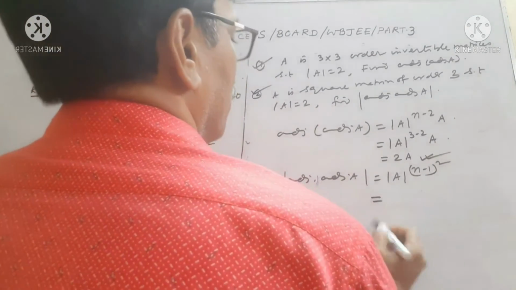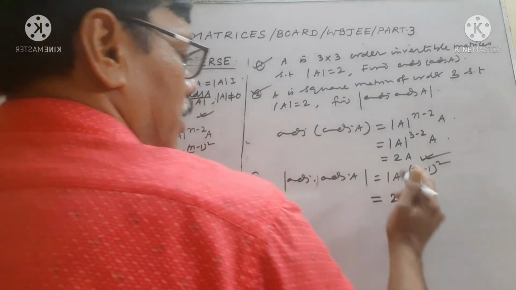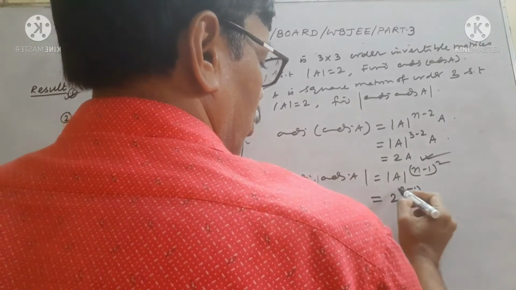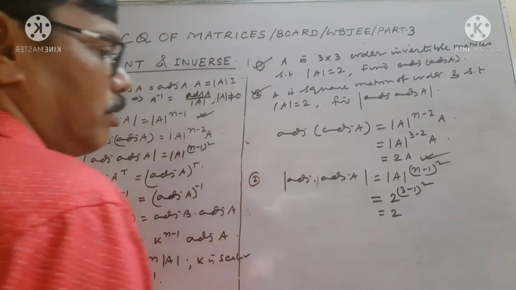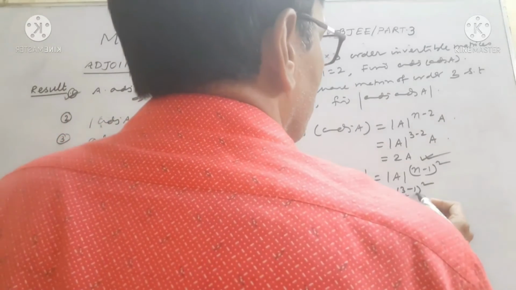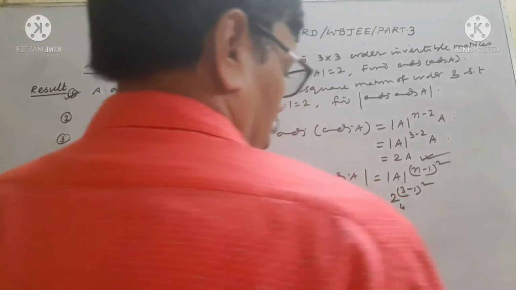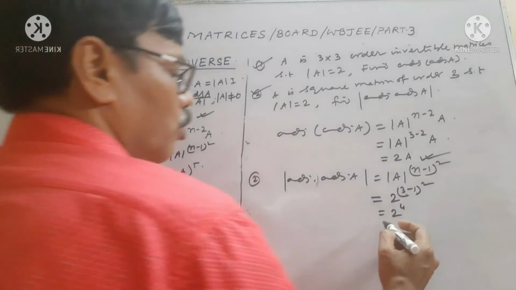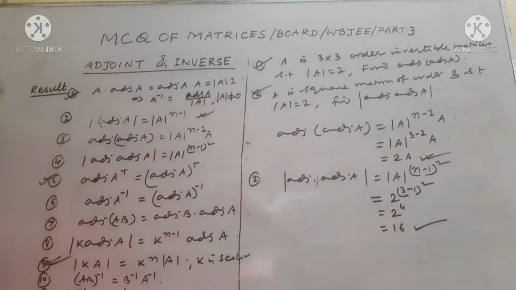Determinant A is 2 and n is 3, so 2 to the power 3 minus 1 whole square. This is 2 square, so 2 to the power 4. This is 16.